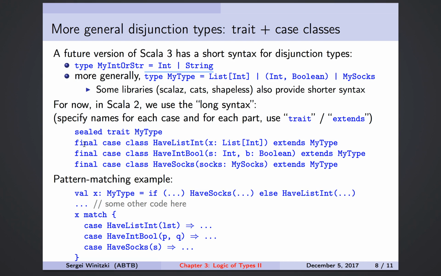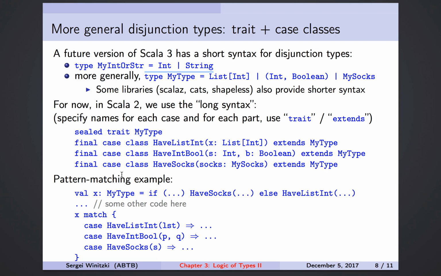Similarly, the case classes are final, so they cannot be extended later. As a result, the syntax is quite long. You have to write a lot of stuff just to express this kind of disjunction of 3 domains. But you write it only once, and using it is quite short, is not so bad at all.